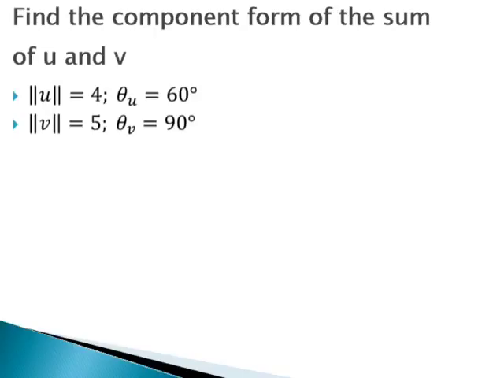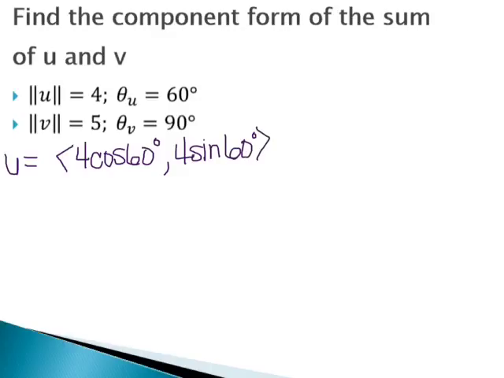For vector u, we have a magnitude of 4 and a direction angle of 60 degrees. So we have magnitude times the cosine of the angle for our horizontal component and magnitude times the sine of the angle for our vertical component.